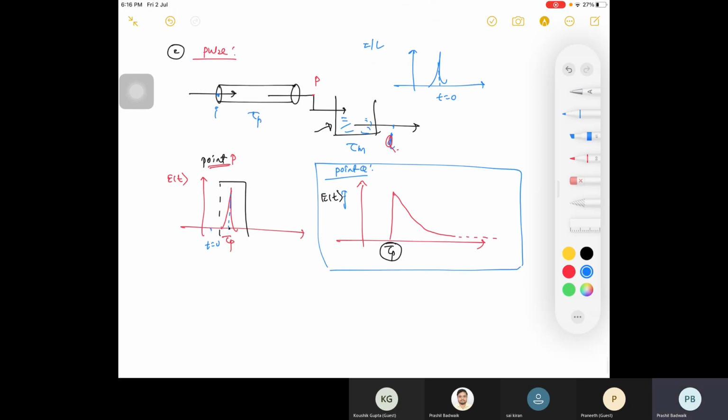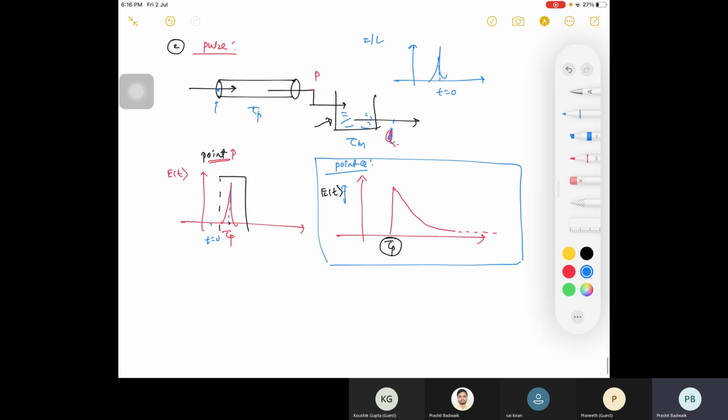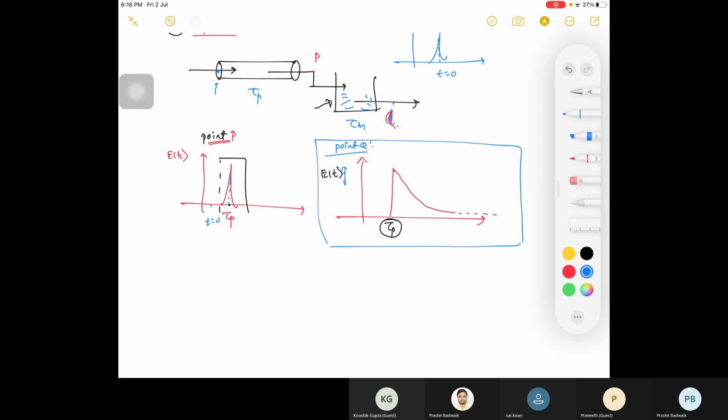What is the similarity you are getting in PFR followed by CSTR and CSTR followed by PFR? The final curve is similar, right? That means the E curve is the same, the C curve is the same. So you will be having the same E curve for PFR followed by MFR and for MFR followed by PFR.